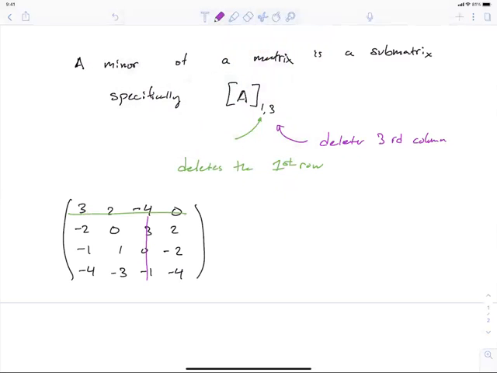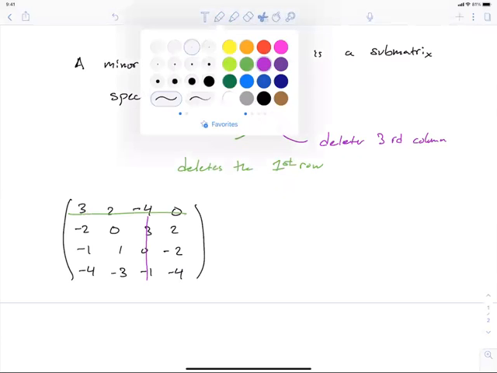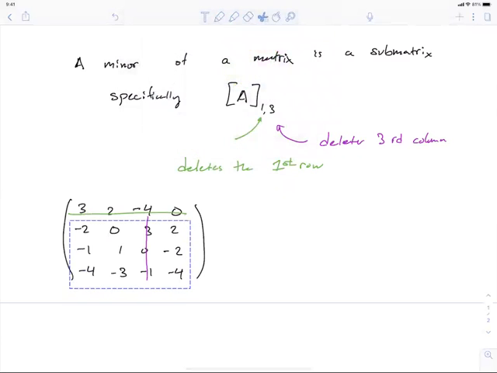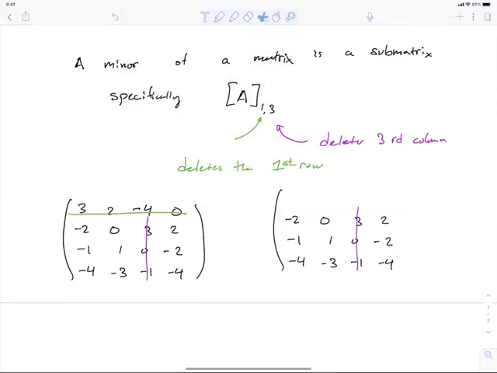And so this particular minor is going to be just these entries right here. So this right here would be a submatrix that corresponds to the 1, 3 minor.